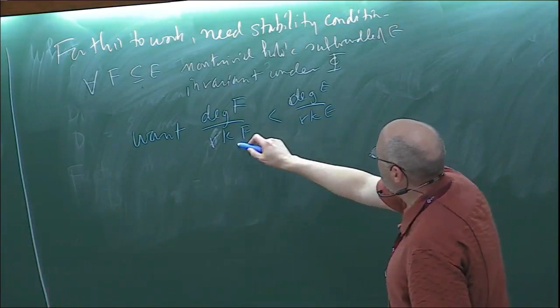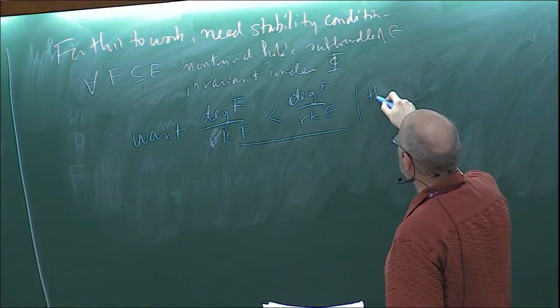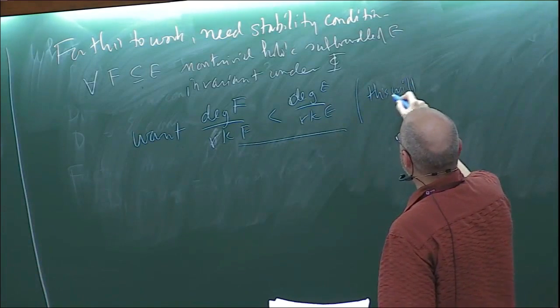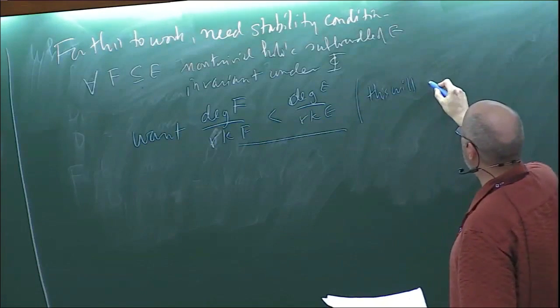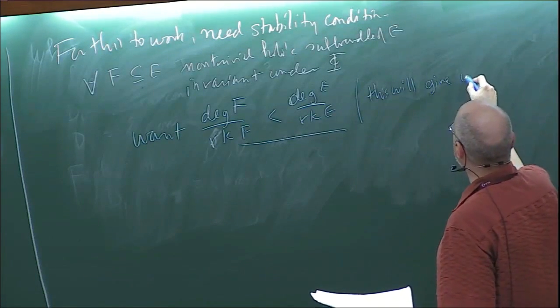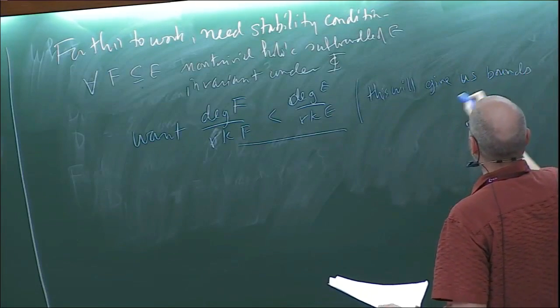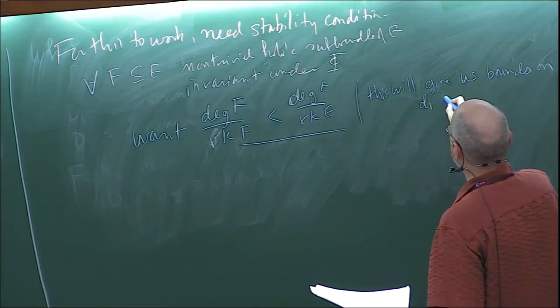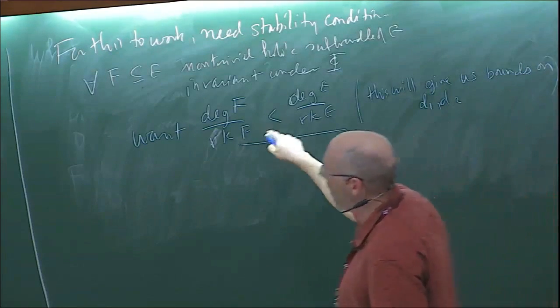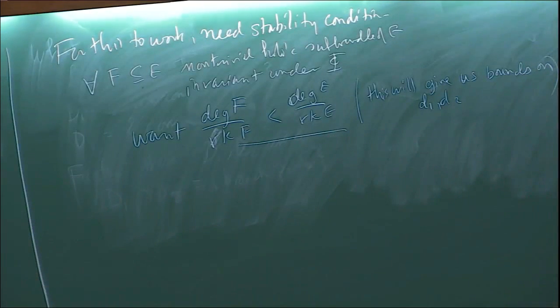So I should just say, to skip to the end a little bit, this degree situation will give us the bounds on the degrees of the divisors. So we have these natural inequalities here, and these inequalities are going to give us these numerical bounds. All right.